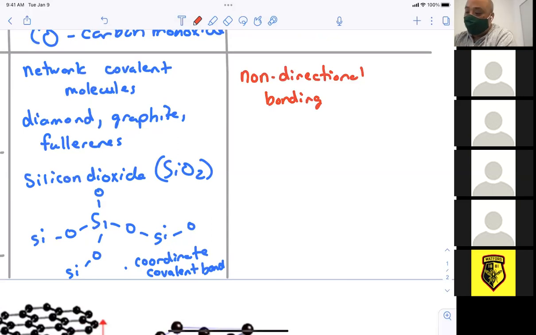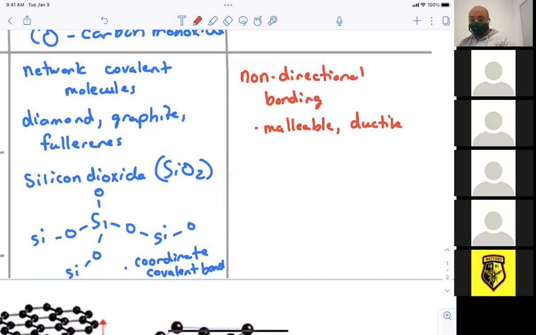That's what gives it the ability to be malleable and ductile. Because the bonding isn't directional, when you apply a force to it, it allows things to move out of the way. It allows it to flatten, bend, or stretch. That non-directional bonding is what gives metals those unique characteristics.